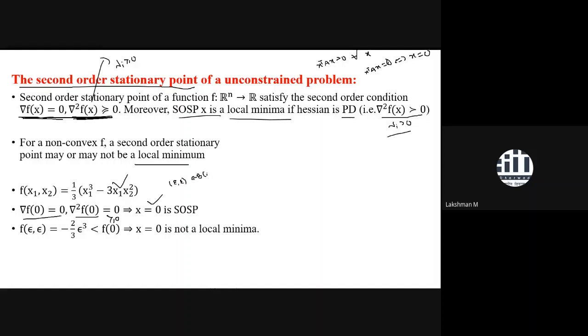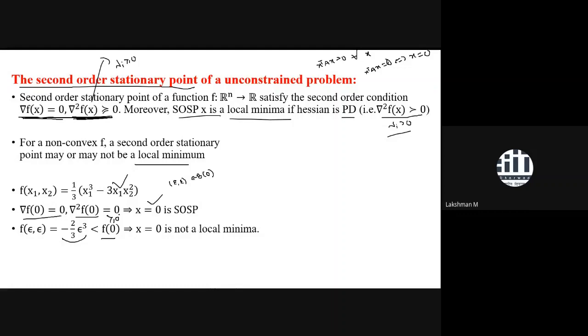Then you observe that at this point (epsilon, epsilon), the value of the function is -2/3 epsilon squared. That means a negative value, whereas at 0 the function has value 0, and this value is less than f of 0. So it says that x equal to 0 is not a local minimum.